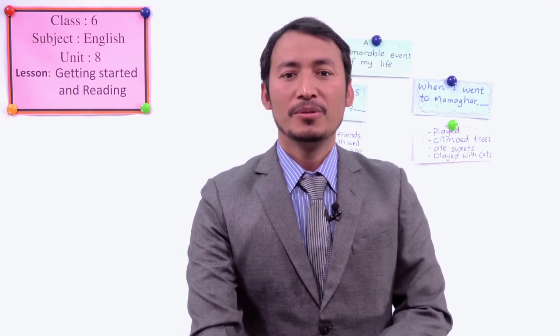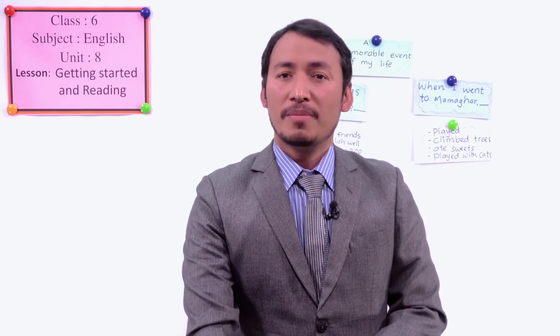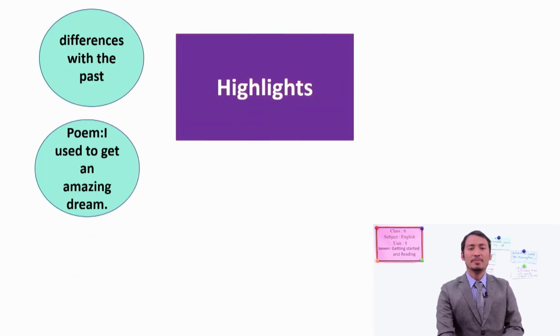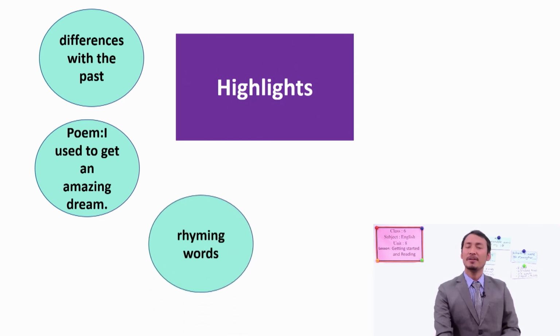Now we have come to the ending, the last part of our lesson. So I'd like to talk about some highlights that we have talked about in today's lesson. We talked about differences with the past from the pictures, and we also read a poem, I Used to Get an Amazing Dream, and we talked about rhyming words.